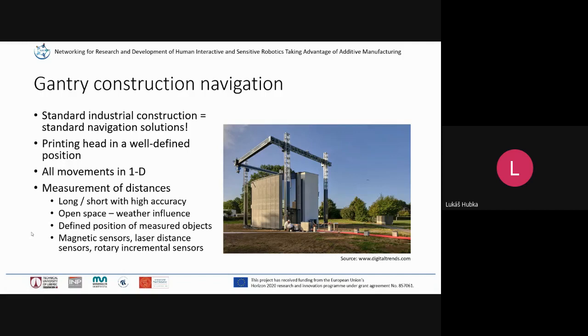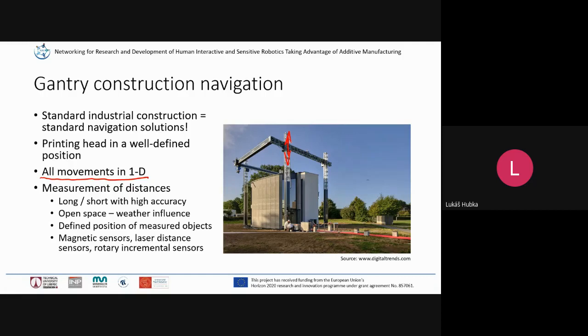The really big advantage is that all movements are in 1D. How to understand it? If you look at this picture, which is from Digital Trends, we have here the moving of the whole frame in this way.